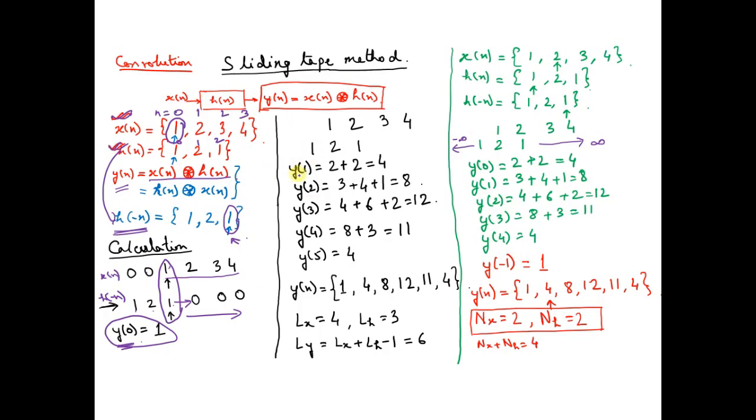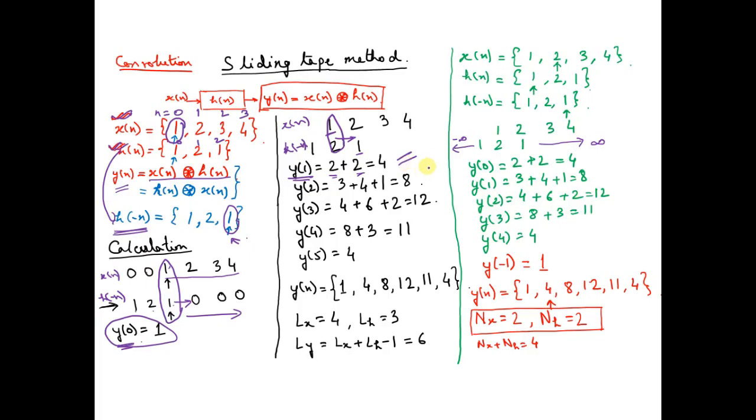So y[1], if you see over here, what is it? If you look over here, x[n], h[-n]. This was the origin, this was the origin. I have moved the values one step towards the right hand side. So now we are getting 1 multiplied by 2, which is 2. 2 multiplied by 1, it is again 2. So 2 plus 2 equals 4.